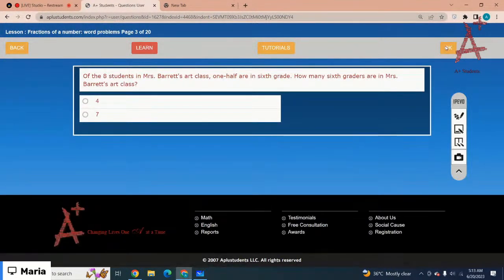Okay, the next one is: of the 8 students in Mrs. Barrett's art class, one half are in 6th grade. How many 6th graders are in Mrs. Barrett's art class? So, what is the half of 8? That is just a common question. Yes, half of 8 is 4.